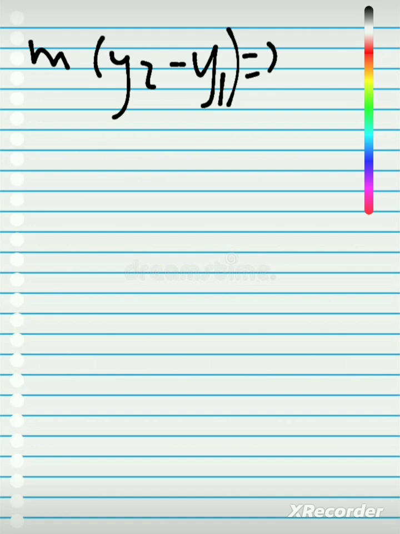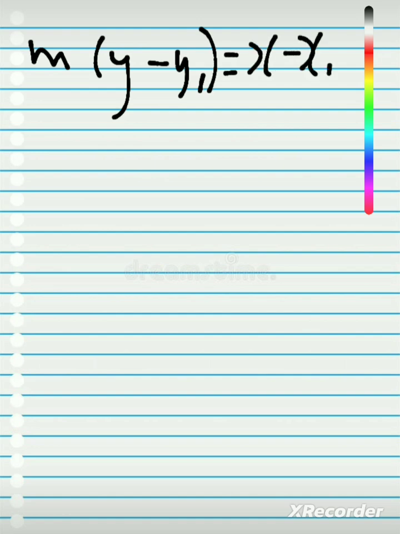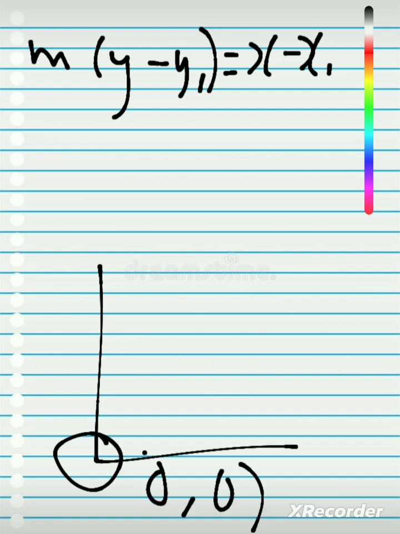There are two approaches. You can use this formula: y minus y1 equals m times x minus x1. You can pick any of the given points; since it was passing through the origin, at the origin it's always (0, 0).